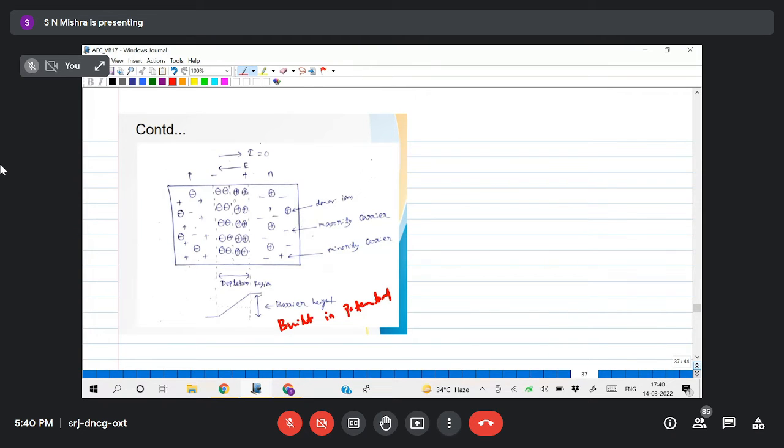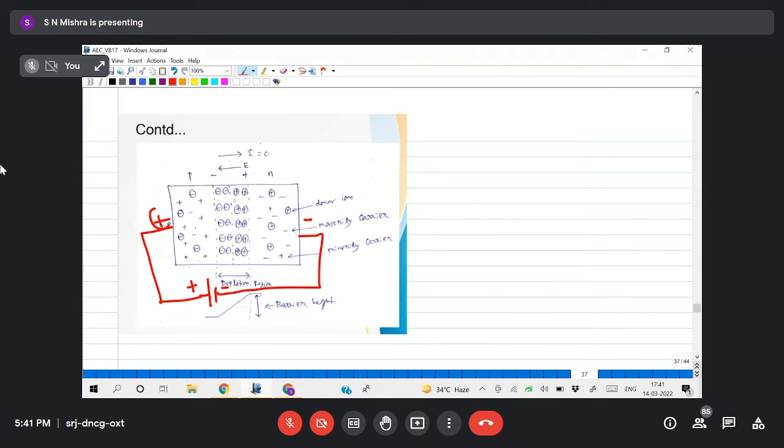Now I'll move to forward biasing the junction. Forward bias means I'll connect the higher potential here and the negative potential here. This is positive, and compared to positive, this is negative. So plus, minus, I am writing. In this case, what will happen?